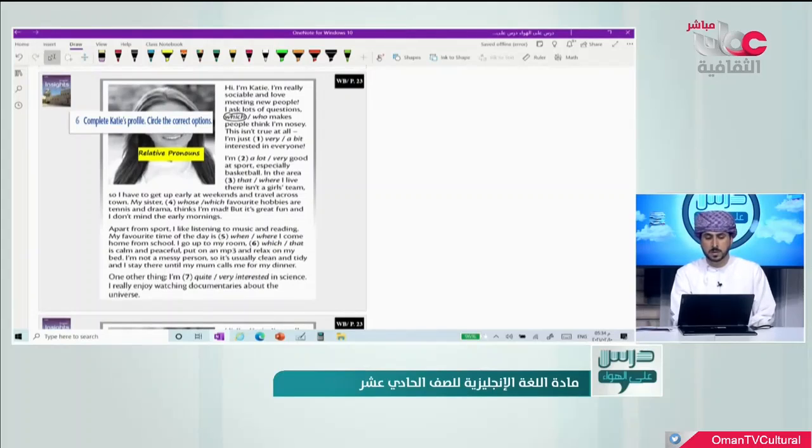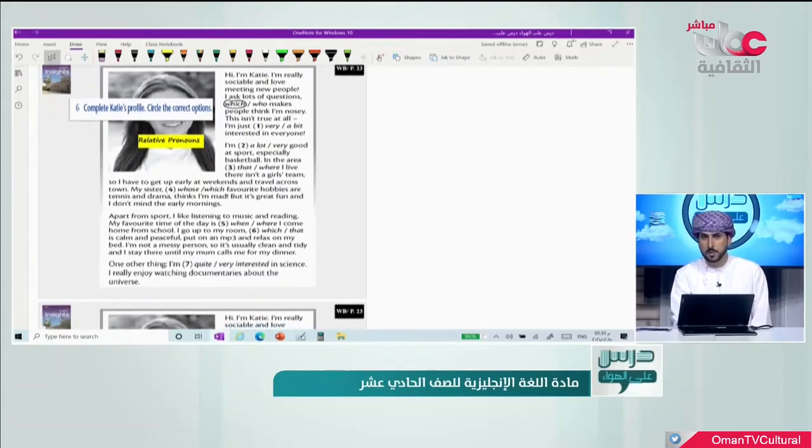And examples of these relative pronouns: who. We use who to refer to people. We use which to refer to animals, things, and so on. Also, we have the word where. It's used for place.